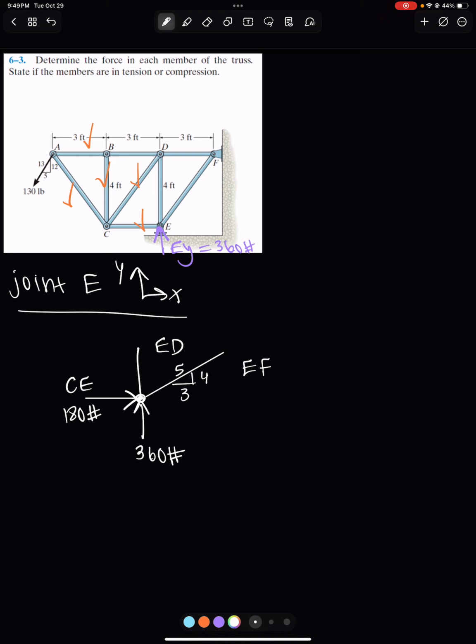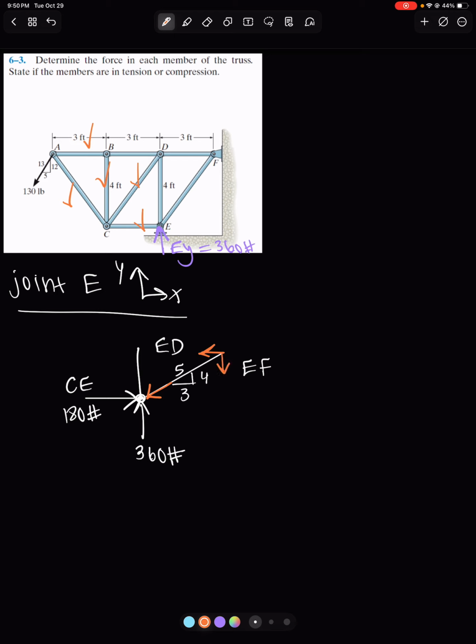So the only other force that has a horizontal component is EF, and it has to counteract the horizontal force at CE. So it has to be a compressive force. So that way, the horizontal component goes in the negative x direction to counteract the positive x direction of CE.